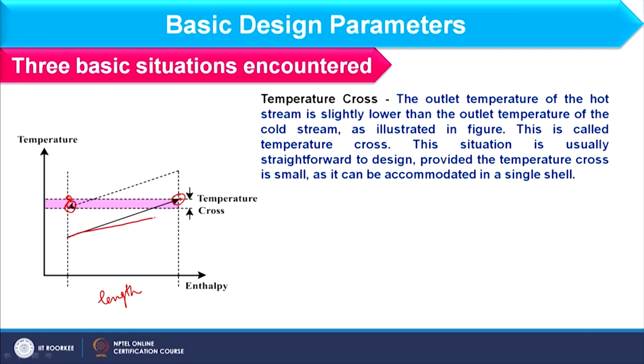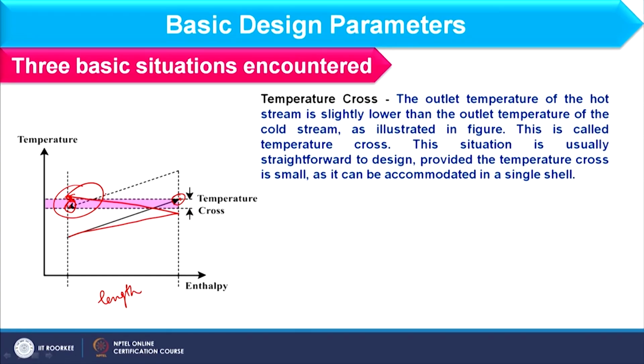This first moves like this, and then it will move like this. So, what will happen in this region? Okay. Here we have higher temperature of cold fluid than the hot fluid temperature, okay, which is not feasible. Okay.